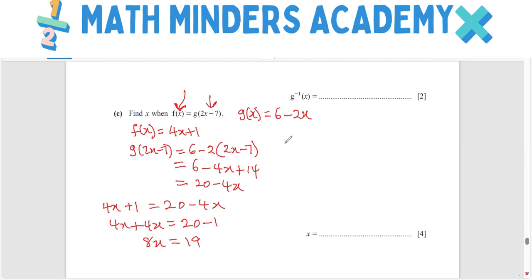And so x itself is going to be 19 over 8, if you divide both sides by 8. So x is 2.375. Enter it on the answer line. x is 2.375.